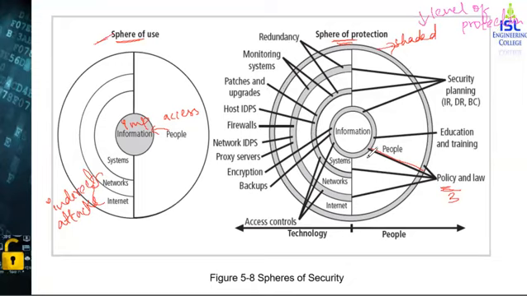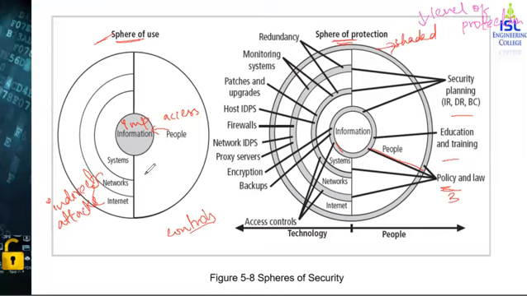Now, different controls are also implemented between these layers. Here you're not only implementing different controls like education and training and security planning, you're also implementing the controls that we studied in the previous slide: the operational controls, management controls, and technological controls. These controls are also implemented between these different layers.